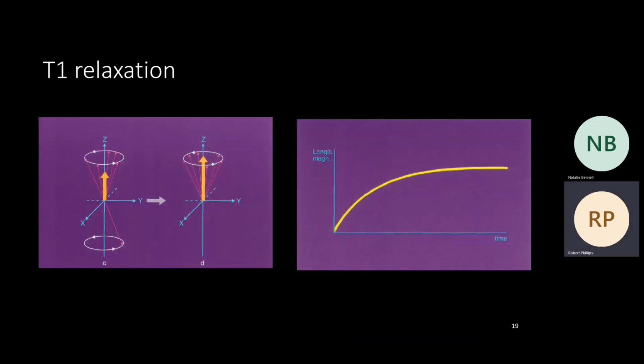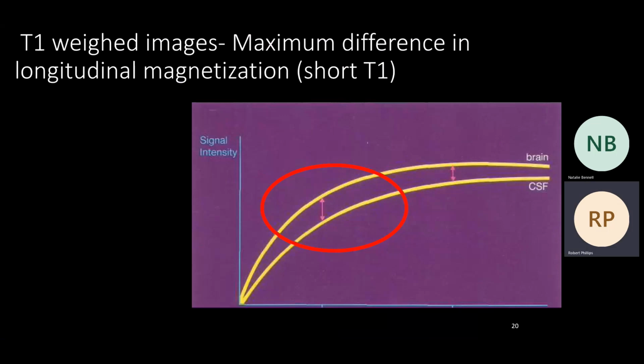So this is a graph of longitudinal magnetic relaxation. Initially it's 0 and it keeps on increasing. Finally, it becomes a plateau here. And different tissues have different longitudinal relaxation. To differentiate the tissues, we take the longitudinal relaxation at a specific time.